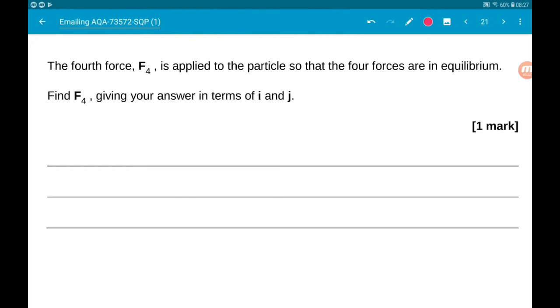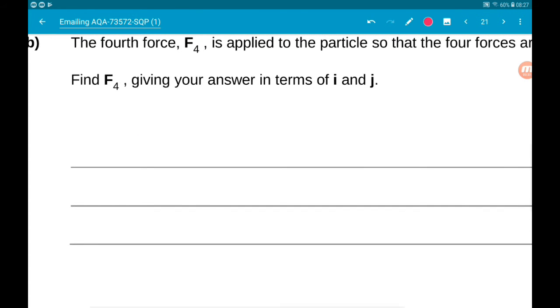So, if the four forces are in equilibrium, then that means that the resultant is equal to 0. So, in other words then, F add F4 is going to be 0i add 0j.